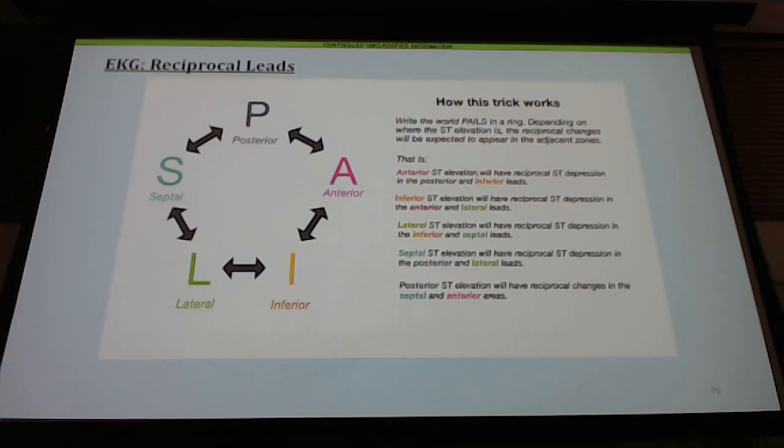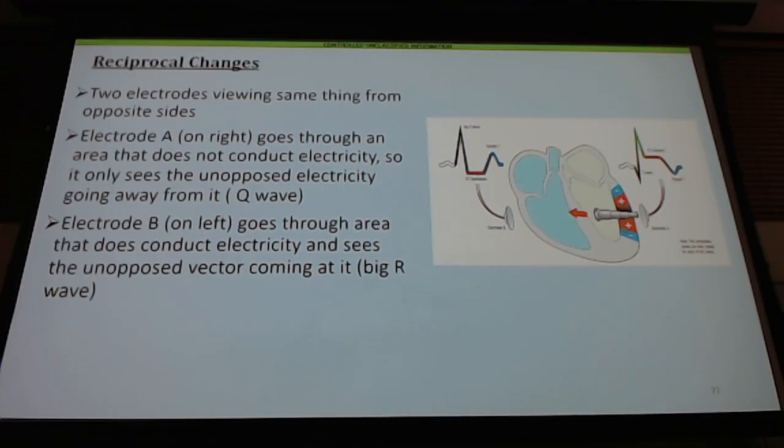So the PALs can help you remember what leads you would expect to see those reciprocal changes. And this just summarizes what we just said for reciprocal changes.